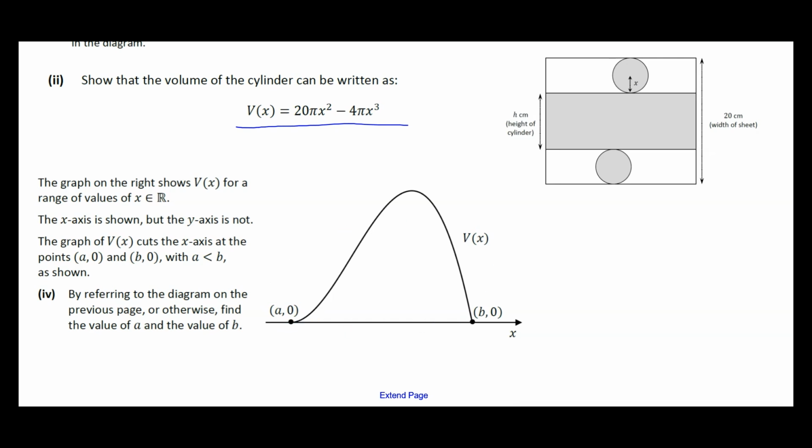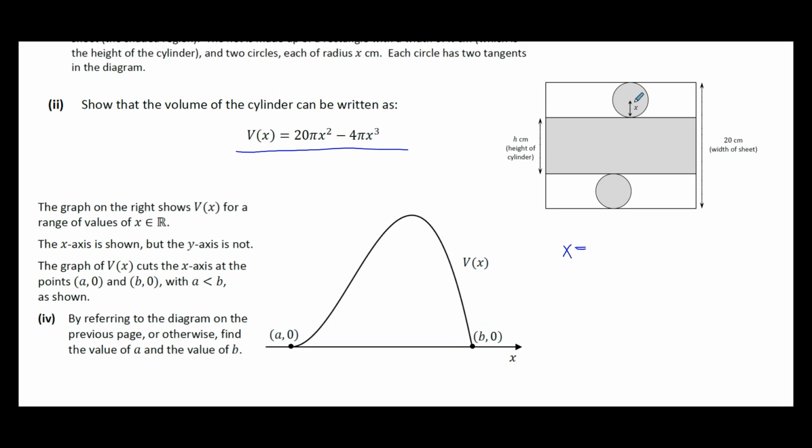Well, it's a function. Don't forget what the function is about. It's about x and y values. The x value in the context of this question is the radius, isn't it? And V, which is the y value, is the volume.